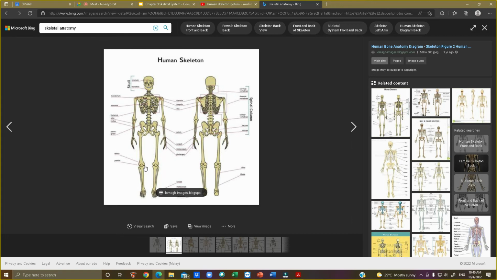Ni contoh long bone. Kenapa nama dia long bone? Dia panjang. Dia yang paling panjang ada dekat dalam badan. Why is vertebra not called a long bone? Kenapa vertebra ni bukan long bone?